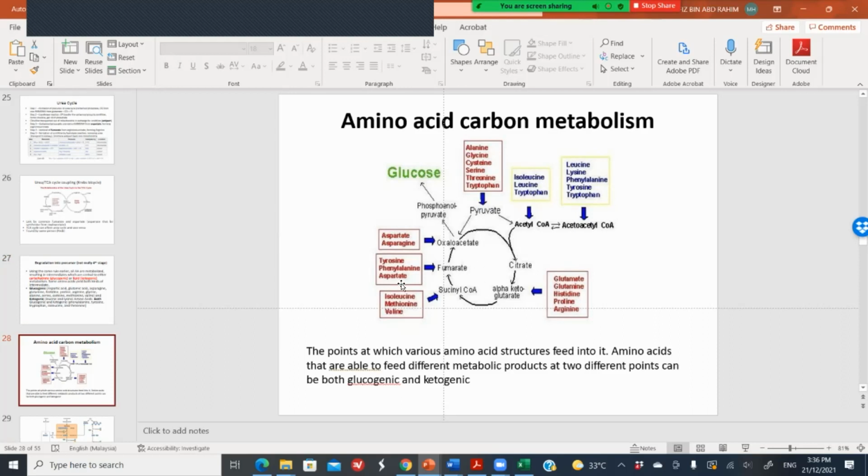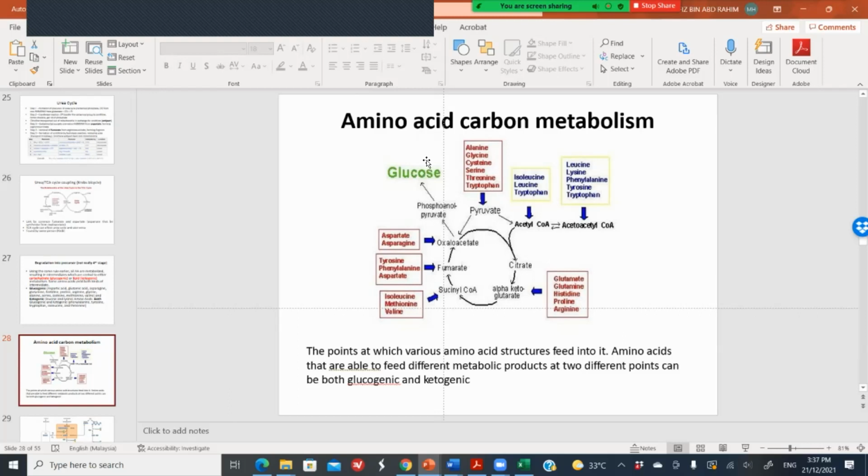Nampak tak ada aspartate kan, dia boleh produce fumarate kan? Alpha ketoglutarate. Tadi kita tengok glutamate and glutamine can produce alpha keto. These all we call as glucogenic amino acid. Ingat kan gluconeogenesis? Kan kita cakap gluconeogenesis will happen bila pyruvate form glucose, right?